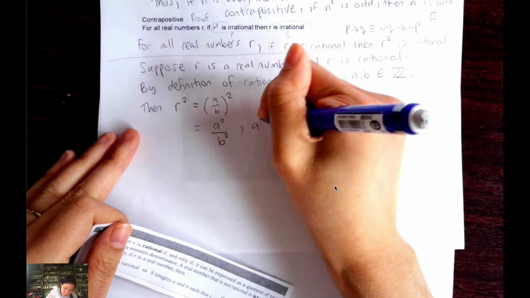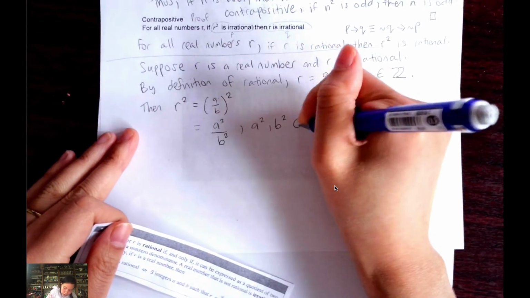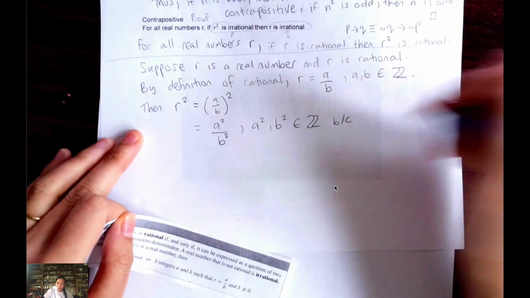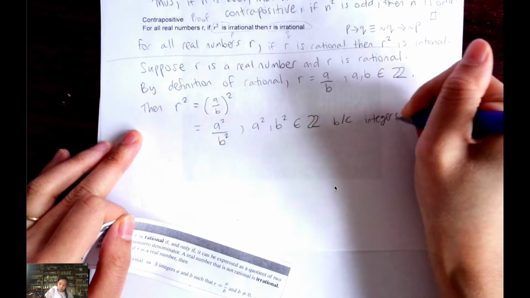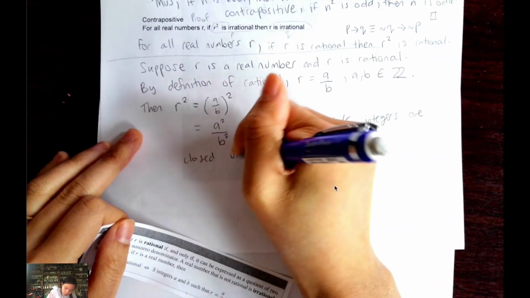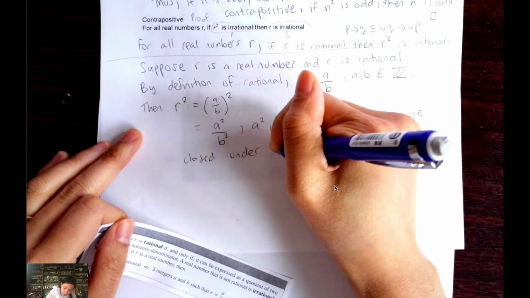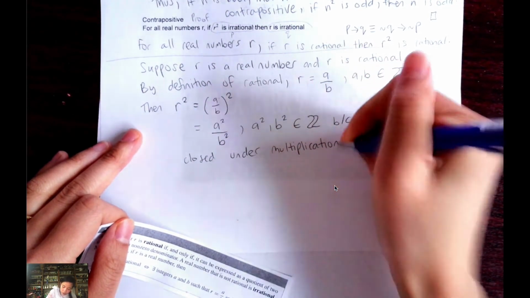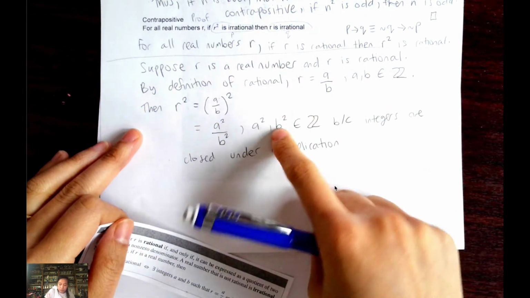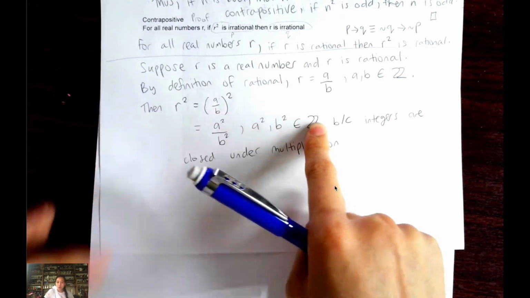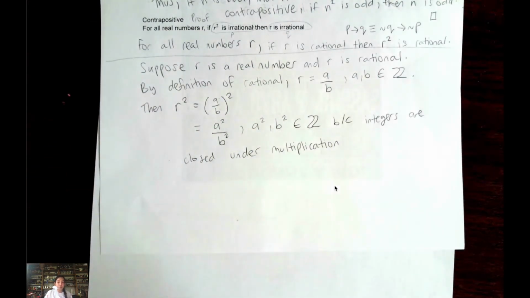And we know that a squared and b squared are elements of the set of integers because integers are closed under multiplication. Remember, we said that a is an integer and b is an integer, so a squared and b squared must be integers, because if we multiply integers together, the product is an integer.